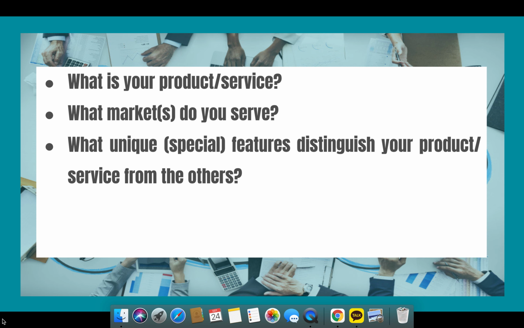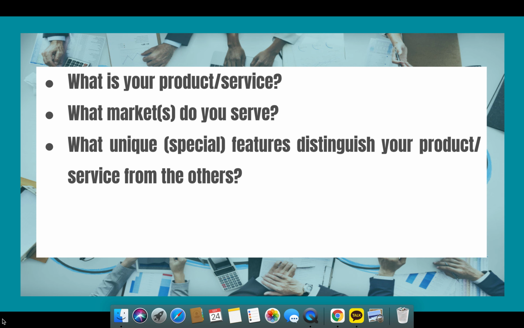Why will consumers choose you over those competitors who are already stable in the market, who have already made a name for themselves? It can be just one feature, a strategy with regards to pricing, or with regards to distribution. So think about that.